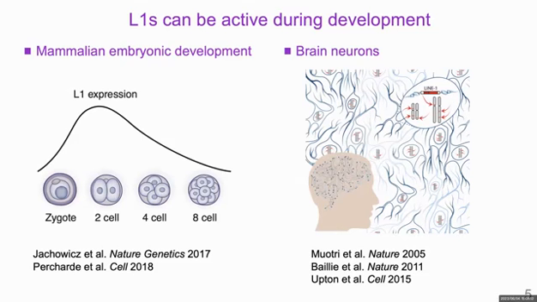That means Line 1 expression plays indispensable, important roles. Interestingly, Line 1 is also active in brain neurons. But what the functions of Line 1 are is an important question in the field.